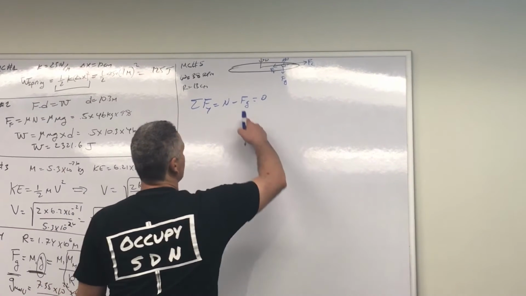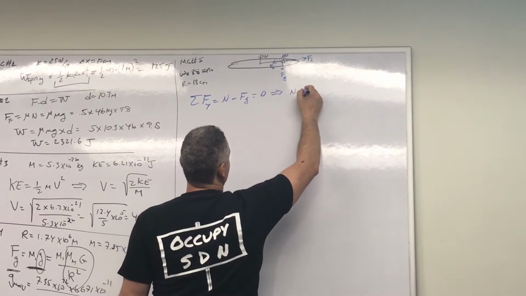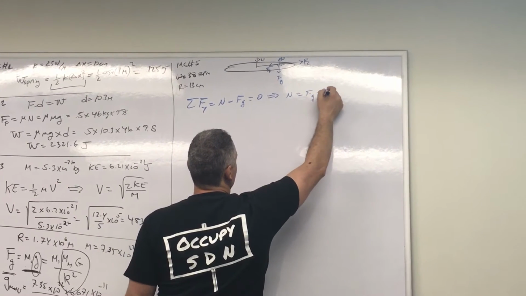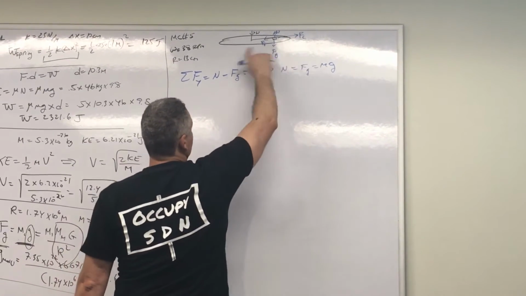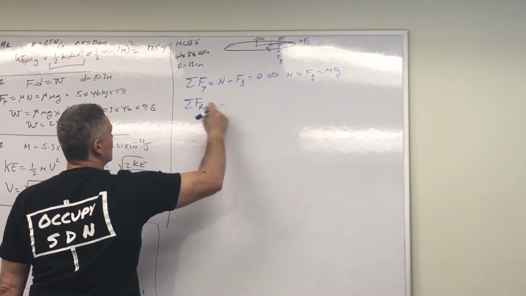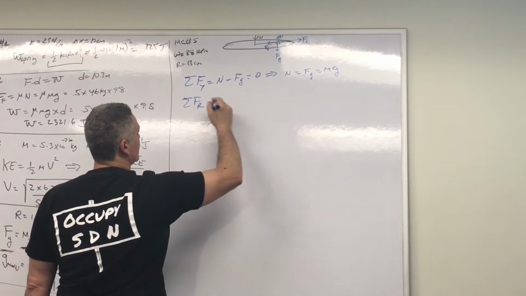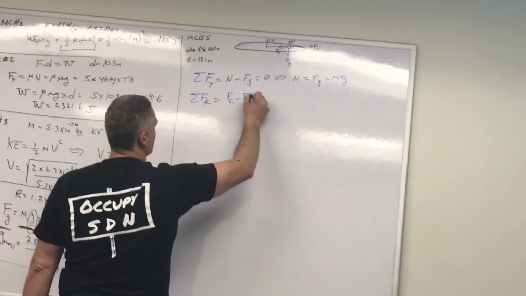Okay. So this implies that the normal force is equal to Fg, which is our mass times the acceleration of gravity. Then if we look at the sum of forces in the radial direction, which is along from the center outwards, that's going to be the centrifugal force minus the force of friction.